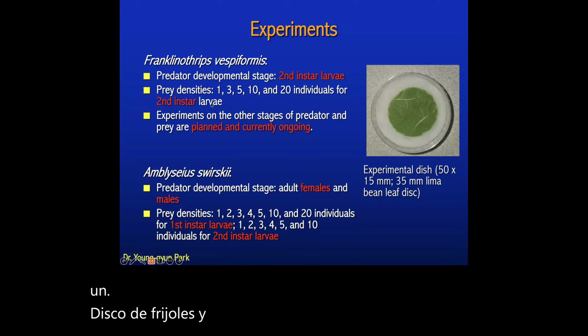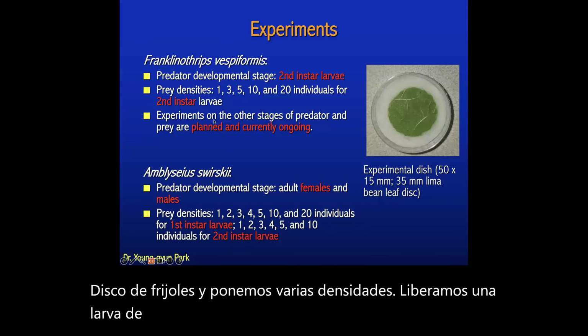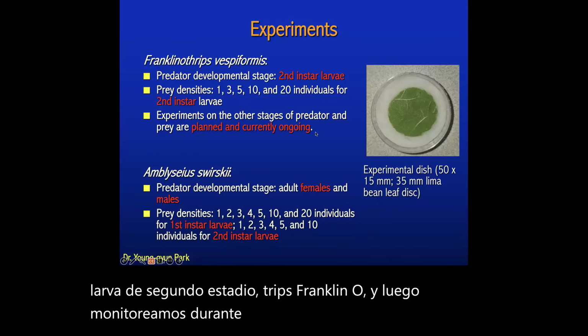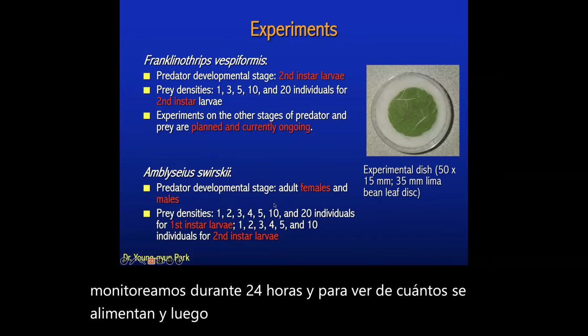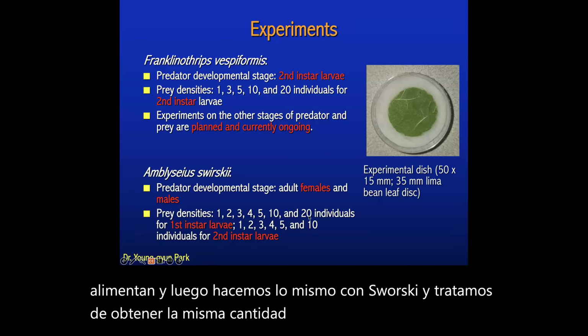We release one second instar larva of Franklinothrips, and then we monitor for 24 hours to see how many they feed on. And then we do the same thing with Swirskii and try to get the same number of individuals per dish and see how many they feed on in a 24-hour period.